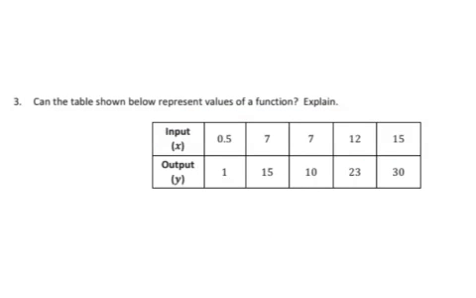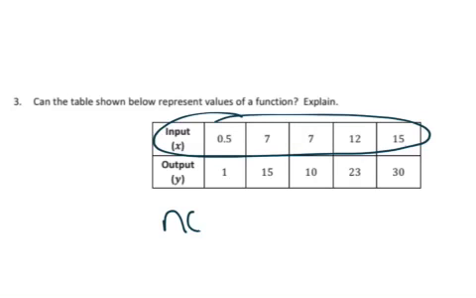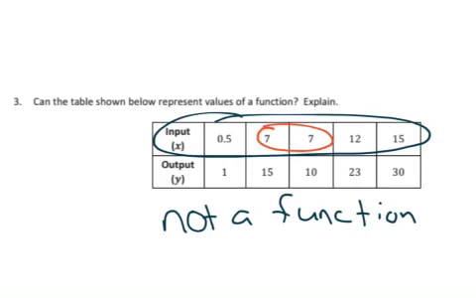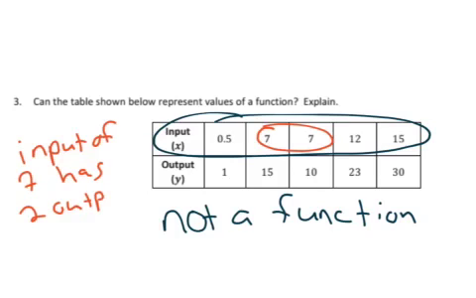Number 3, give it a shot. And I hope you said that this is not a function, because if I look at my x values, there's an x value that is repeating more than once, and it would be the 7 in this case. Remember, because this input of 7 has two outputs.